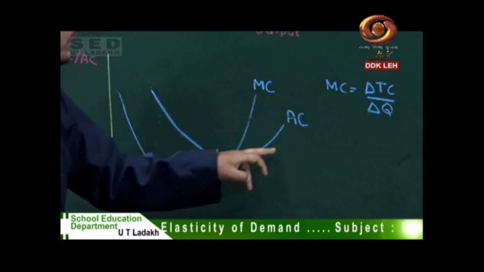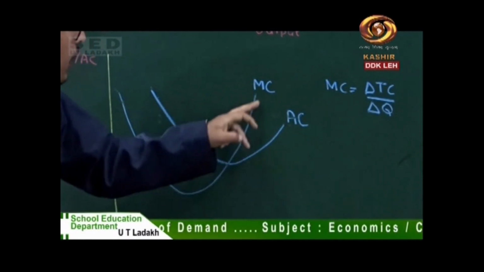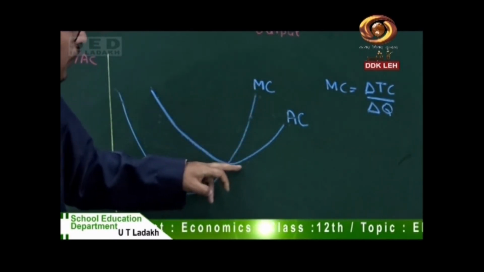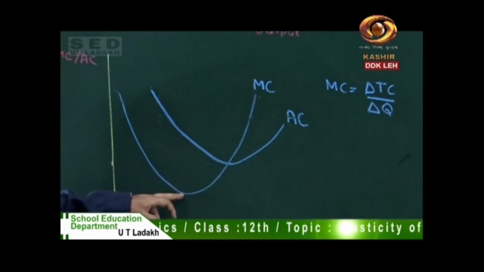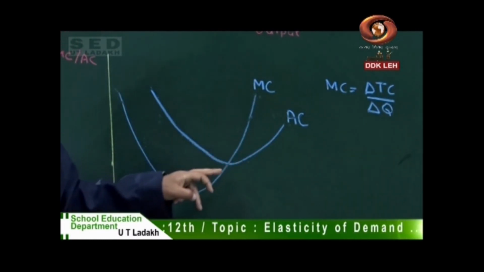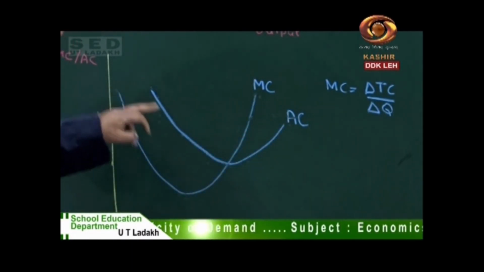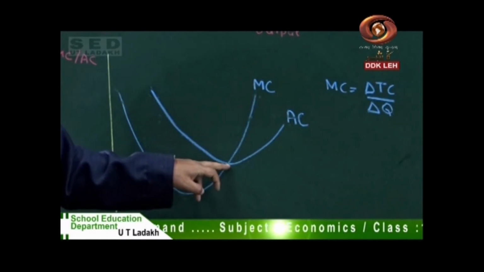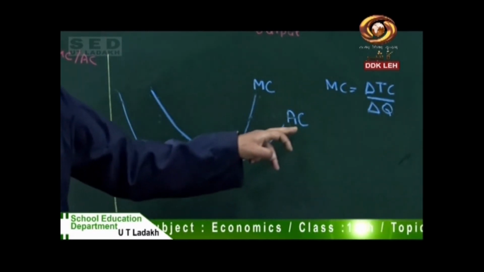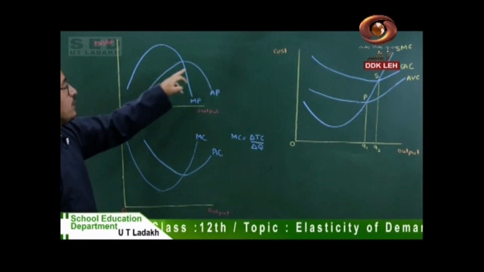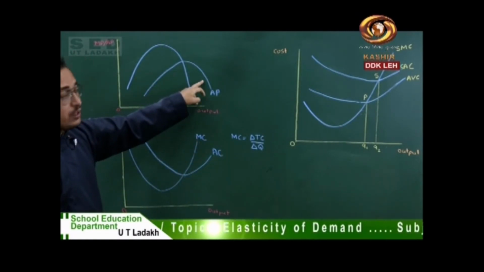Beyond that, your average cost will also follow the trend of marginal cost, so it's increasing. But initially it is marginal cost that will increase, and later on average cost that will increase. So anyhow it will cut at the minimum point. After that your average cost will also increase, and so will your marginal cost. Similar will be the case of average productivity.